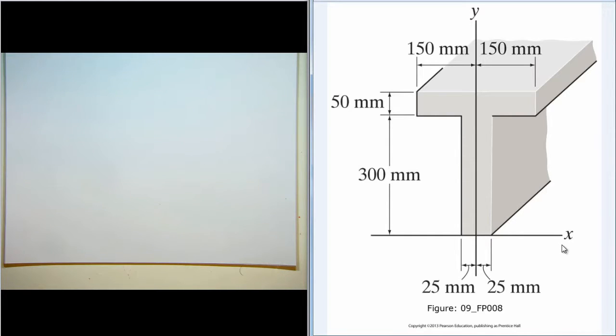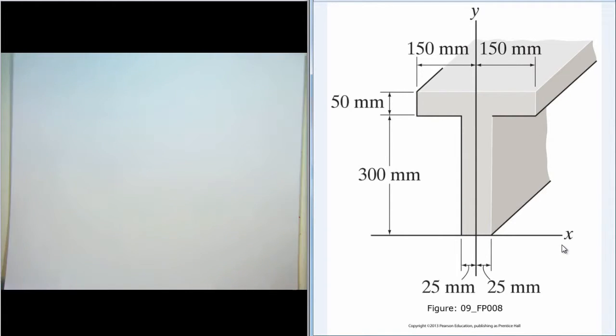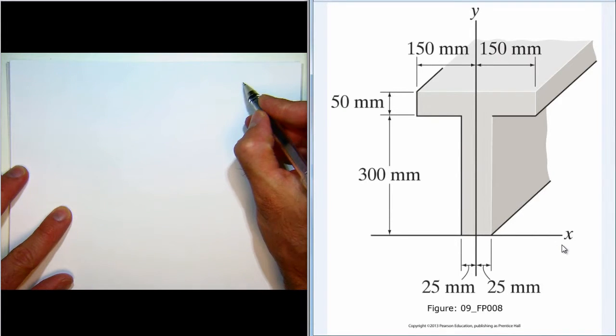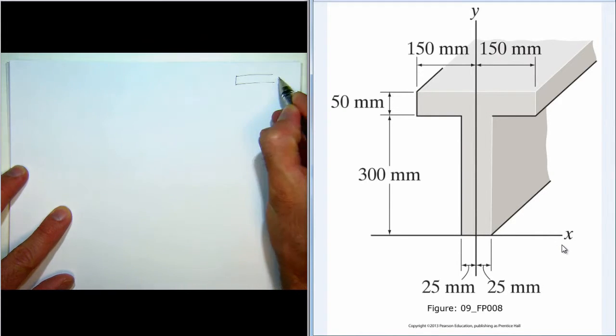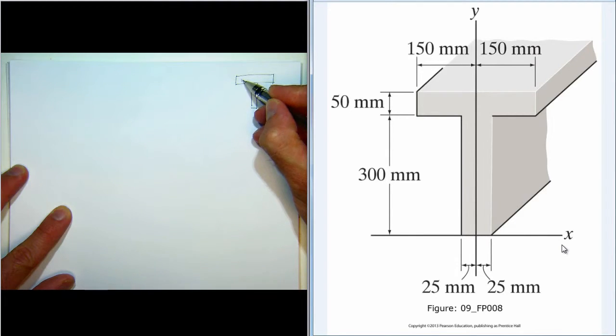When we do these problems, it's helpful to make a little table for when we're working with composite pieces. So we'll have a table with the data for each component. So this composite body we're going to treat as being made up of 2 components, or 2 segments. So we'll call this segment 1, call this segment 2.